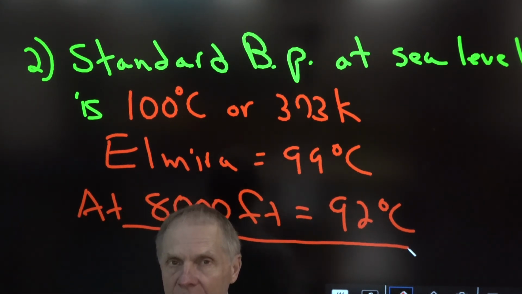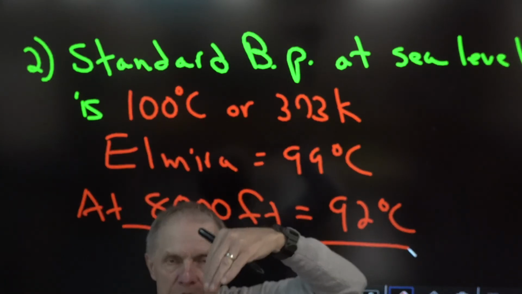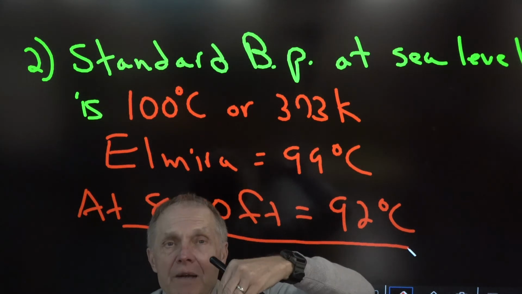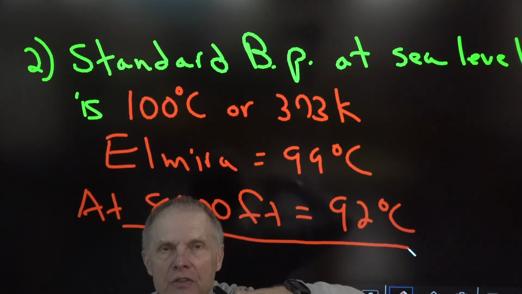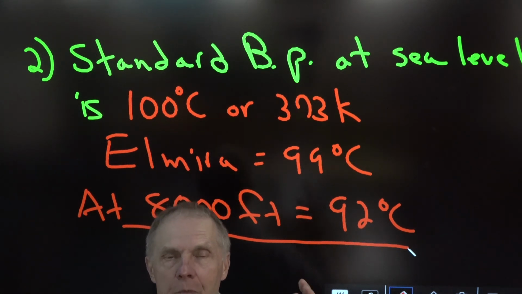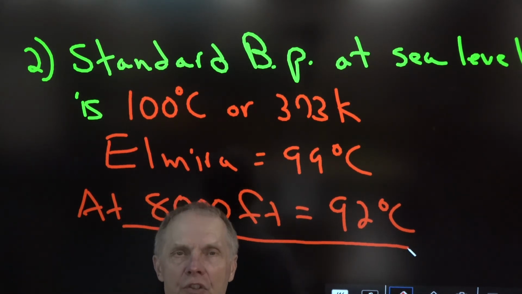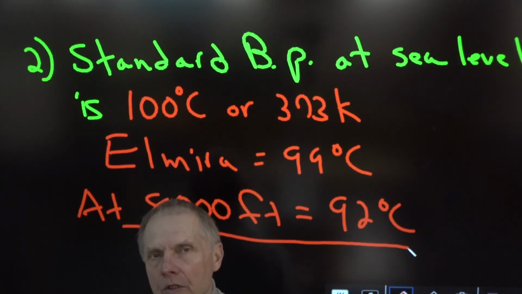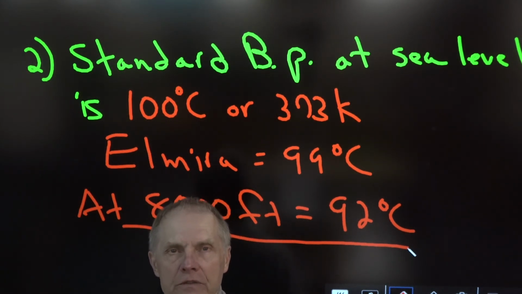And what that does is, since you have a higher pressure pushing down, you need much more vapor pressure pushing up. And how do you get much more vapor pressure pushing up? You keep on heating it up. So the boiling point in a pressure cooker is much higher than just an open pot that's boiling on the stove. So pressure cookers, since they can get higher boiling points, cook food faster.